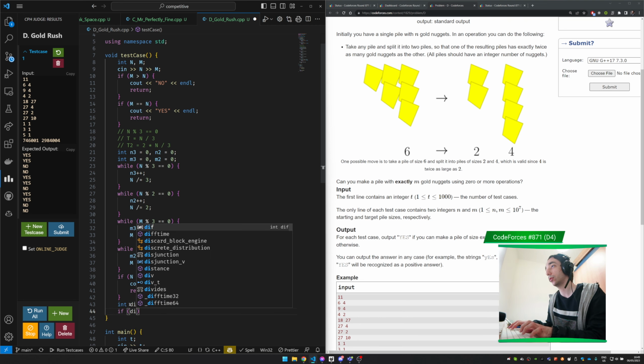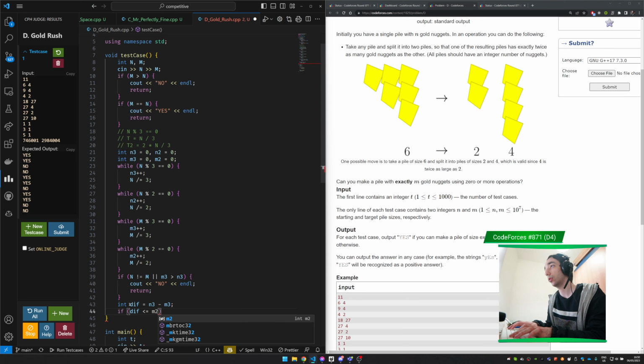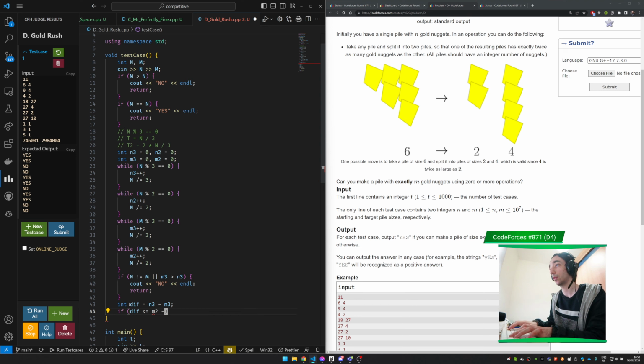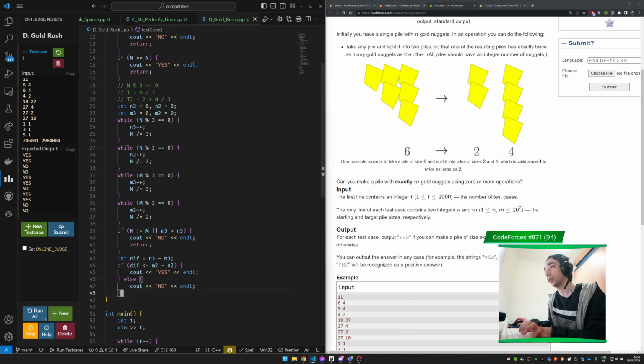Now the difference should be, if this difference is smaller or equal to the difference in m, so we can only add 2's to m. So I think something like this. Then this is yes. Otherwise it's not. It is differences.